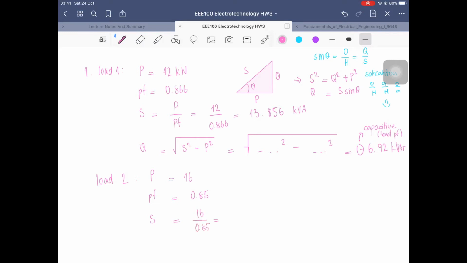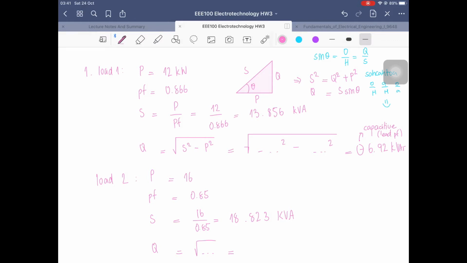And the PF is 0.85, which is also a good load or motor, because the power factor is between 0.85 and 0.895. It is a very good thing to have.